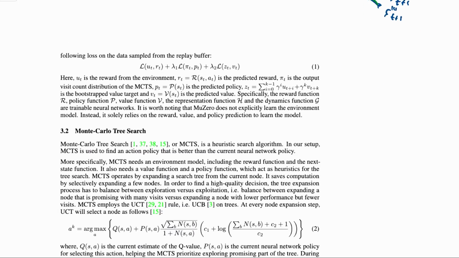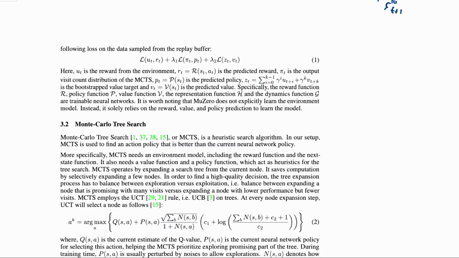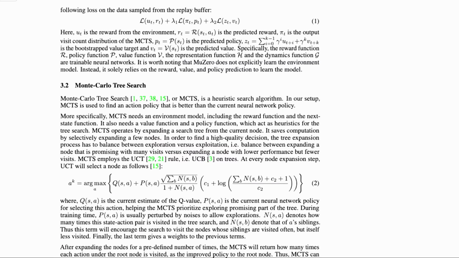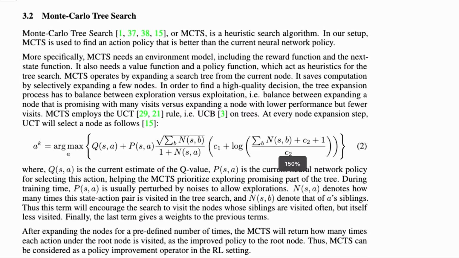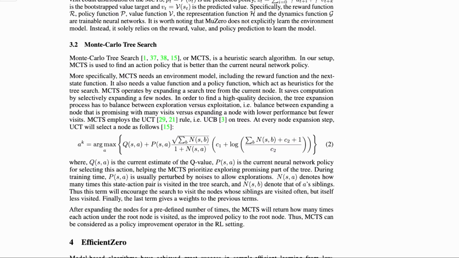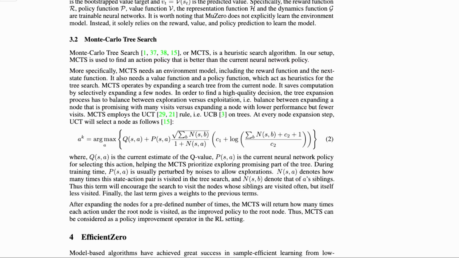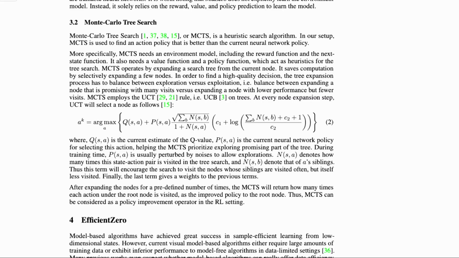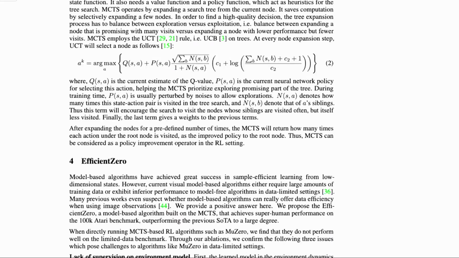That's essentially the catch right here. We're not going to go into how exactly MuZero does Monte Carlo tree search. They have a way of balancing exploration and exploitation by using an upper confidence bound formula that you can see right here.